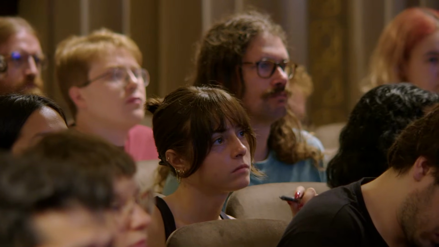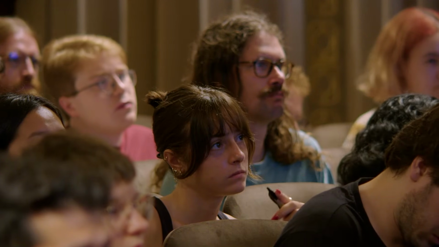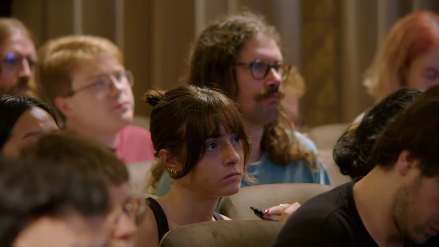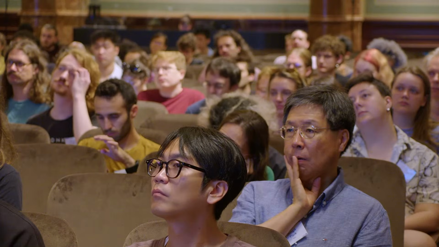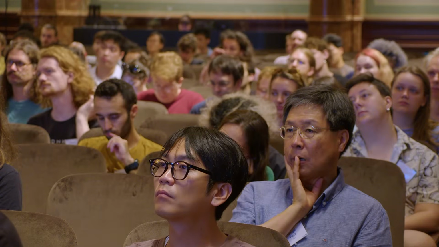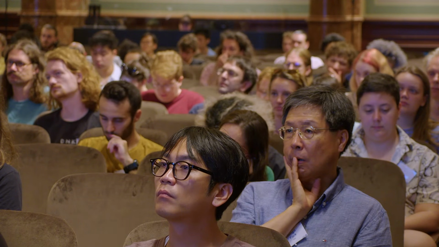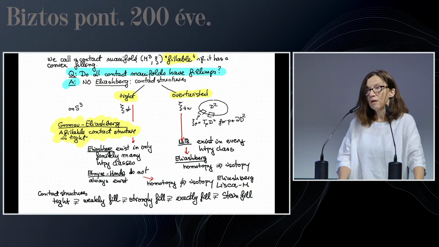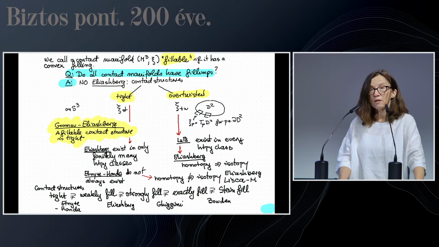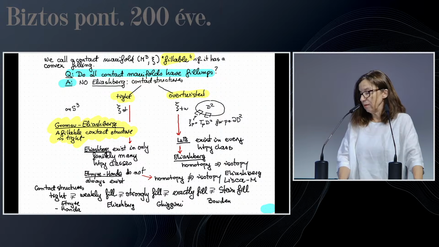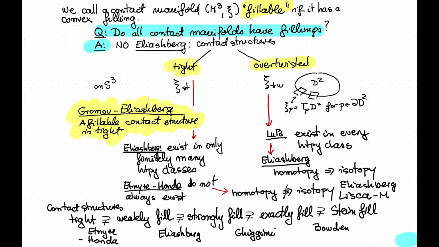Again, with respect to being filled by symplectic manifolds, the contact structures, if they're tight, could be fillable. They could be weakly fillable, strongly fillable, exactly fillable, or Stein fillable. And all of those inclusions are real, actual inclusions.